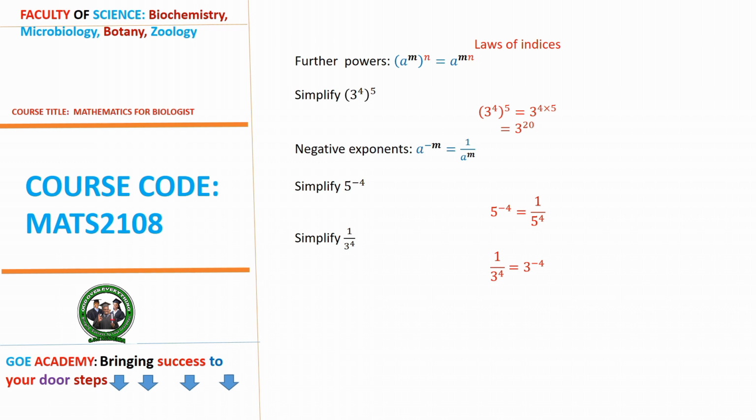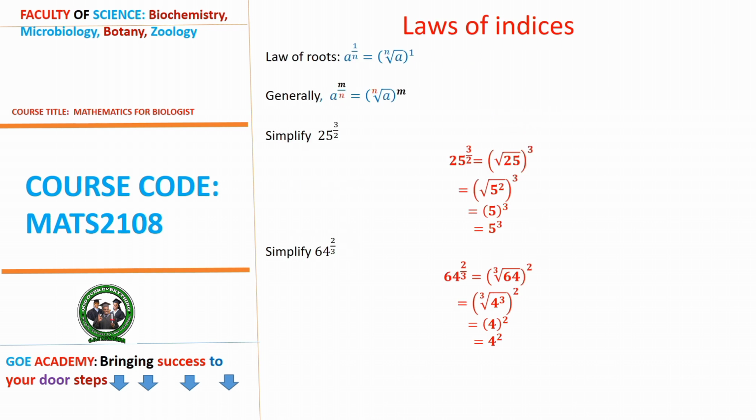So let's look at the law of roots. The law of roots simply states that if you have a number, say a raised to the power 1 on n, you will just simplify to the nth root of a.